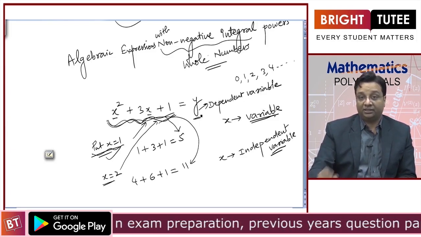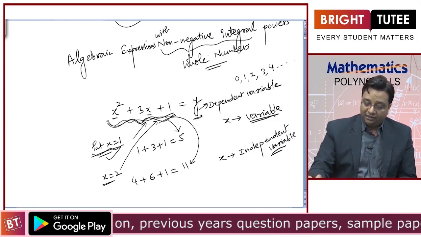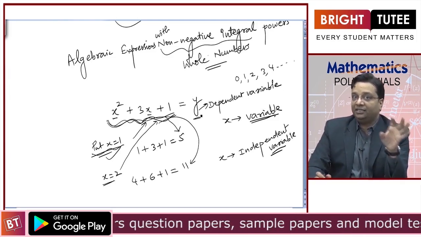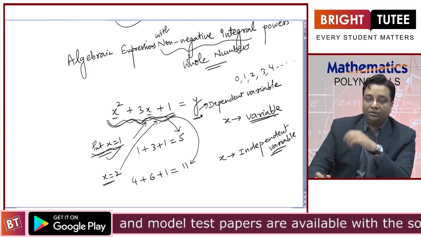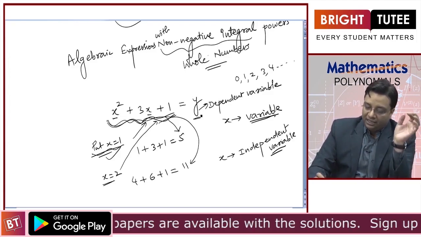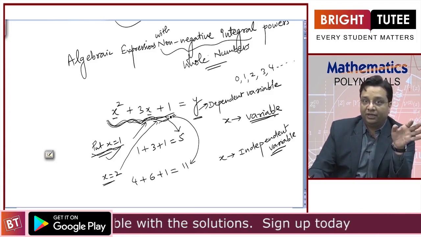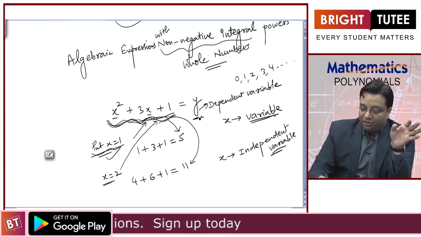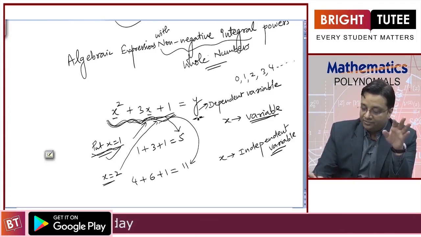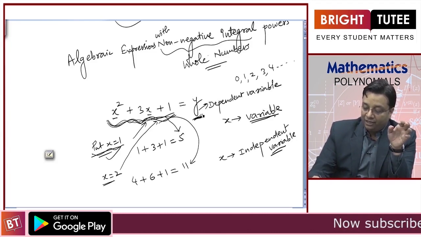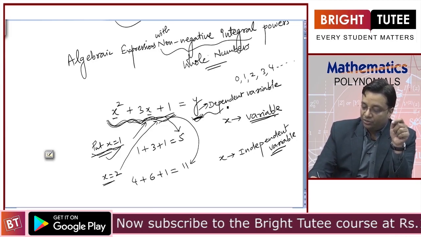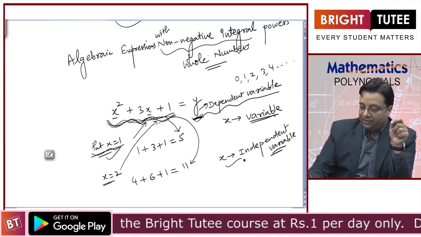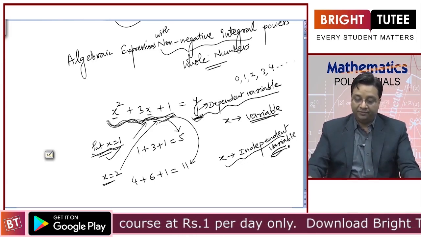Right now we are not concerned with y, but I just want to tell you that x is an independent variable. So x will change its values, you can put different values of x and this expression will give you different values. If you consider it to be equal to y for an instance, then y's values will depend on values of x. That is why it is known as dependent variable and x is known as independent variable.